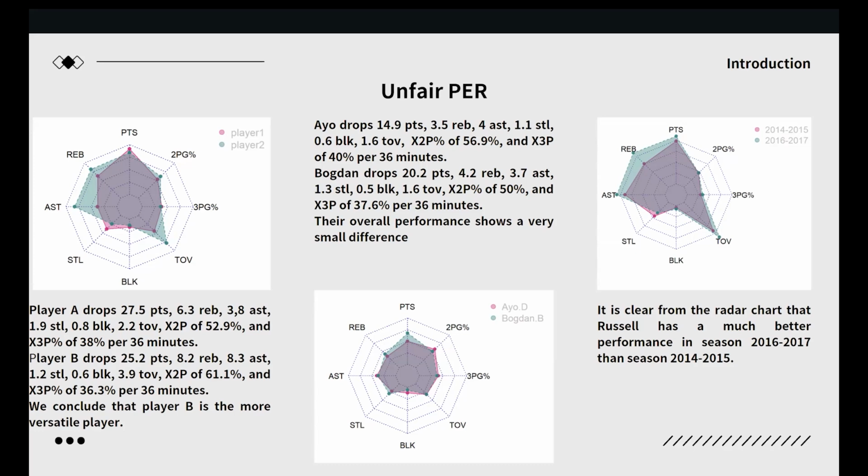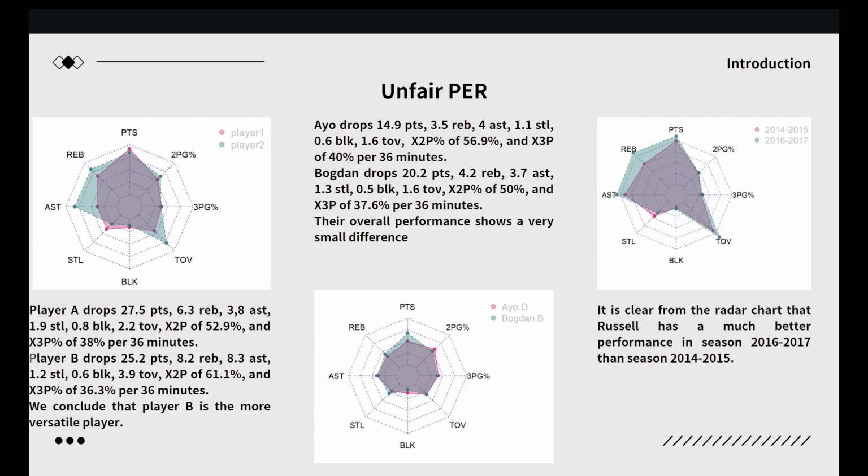Player A drops 27.5 points, 6.3 rebounds, 3.8 assists, 3.9 steals, 0.8 blocks, 2 turnovers, and has a 52.9% two-point field goal percentage and 38% three-point field goal percentage in every 36 minutes.